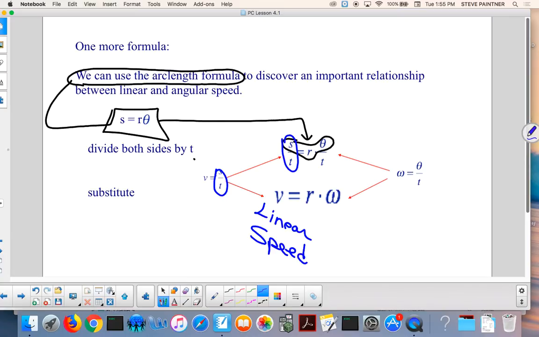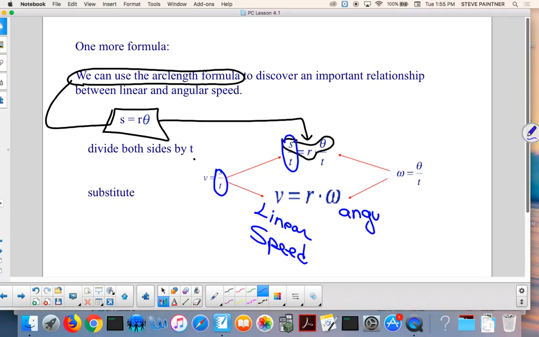So linear speed equals, leave the R alone, don't touch it, theta divided by time. What's omega? Angular speed. Oh, there you go.